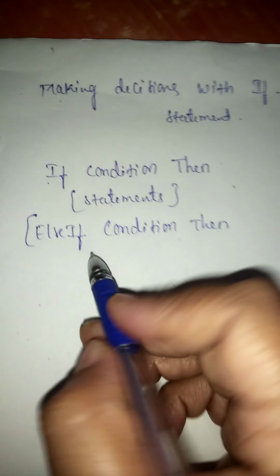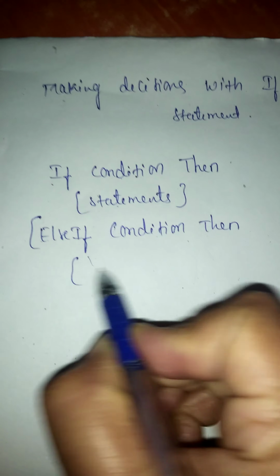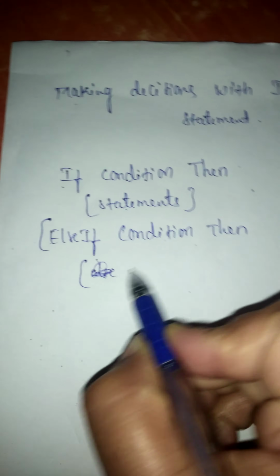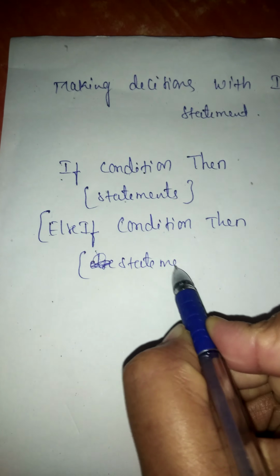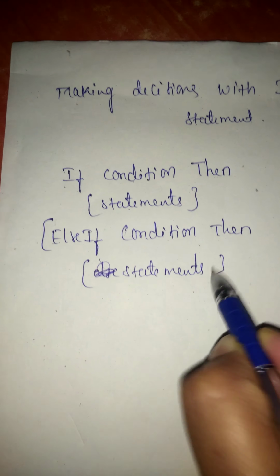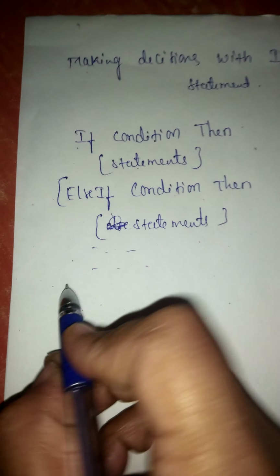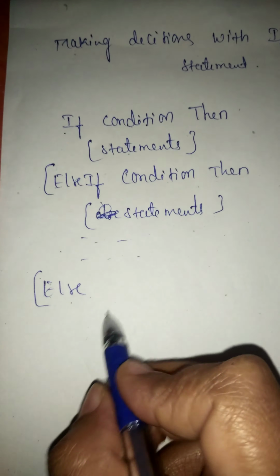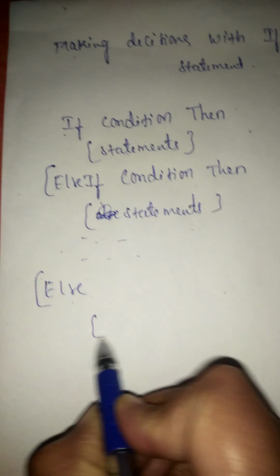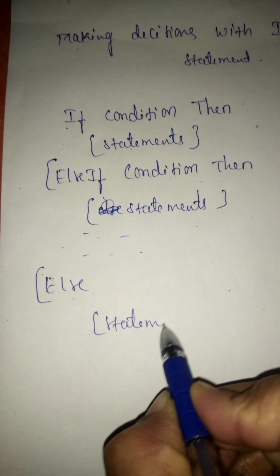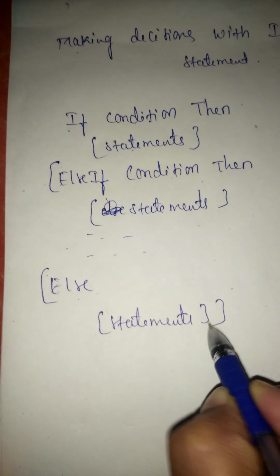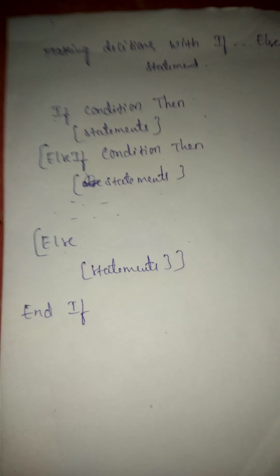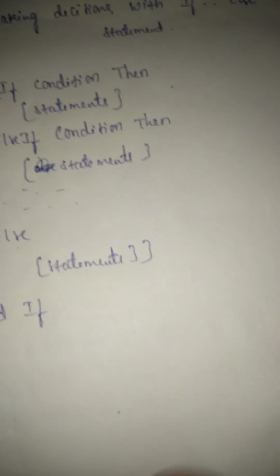Here you are writing the else if statement and the statements. Like this we will have many conditions, and the last one is else. Else, and the statements you write here. And next you have to end the if statement. End if, you have to write.